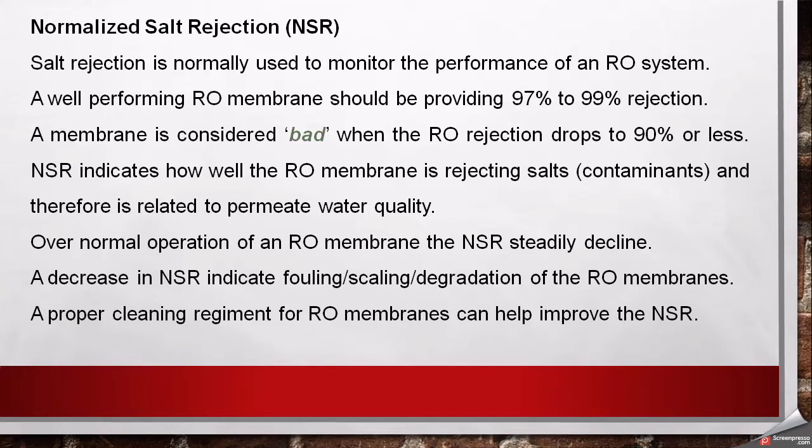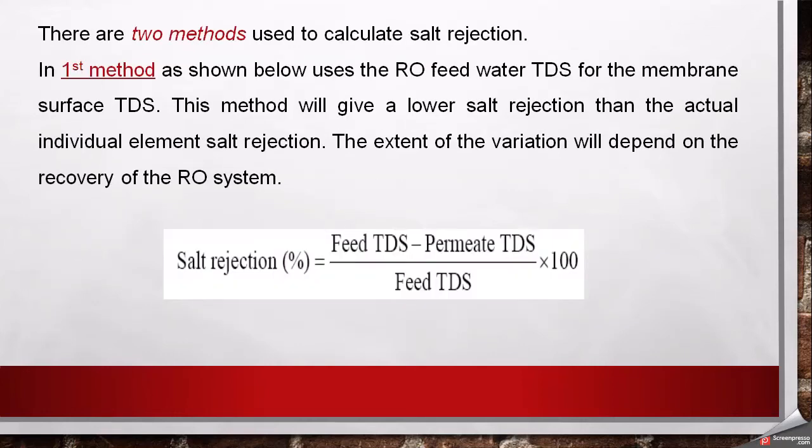A sudden decrease in NSR indicates fouling, scaling, or degradation of the RO membrane. A proper cleaning is basically required when we reach a certain decreasing value of salt rejection, and this is not the usual salt rejection, but the normalized salt rejection which we will need to calculate for this system.